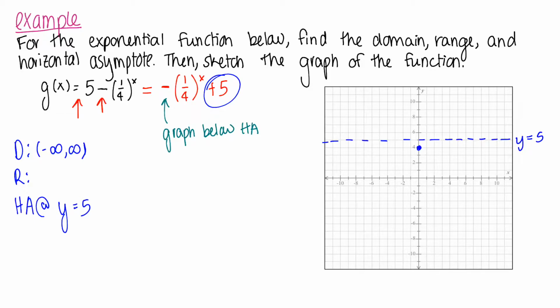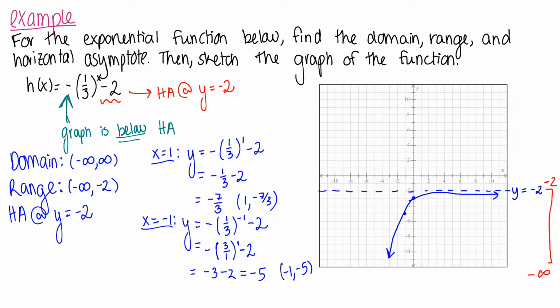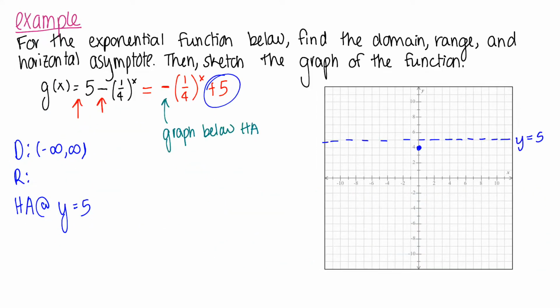So you can choose whatever value you want. However, just the same situation we had over here. If your base is less than 1, it's better to choose these negative x values because it's going to make things nicer. So I'm going to do x equal to negative 1.